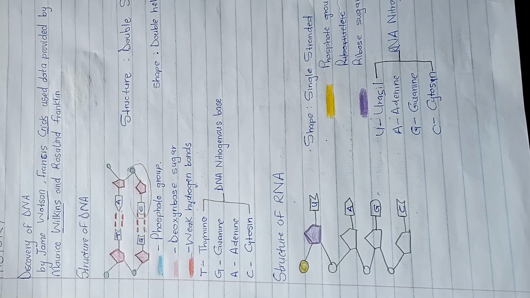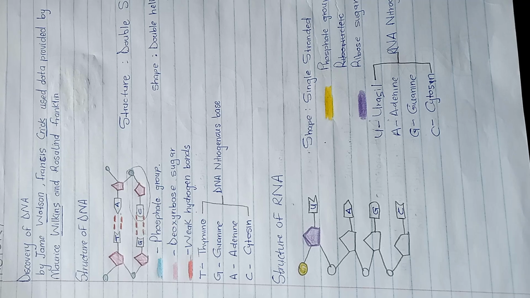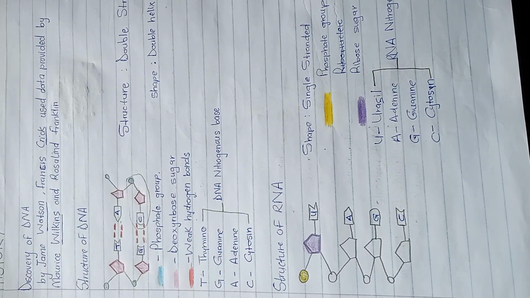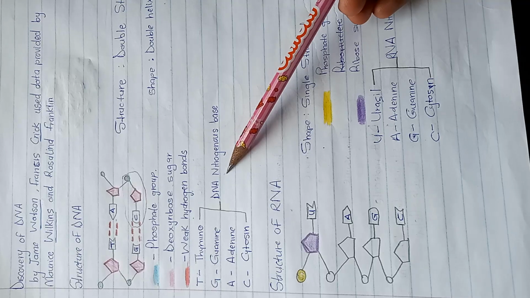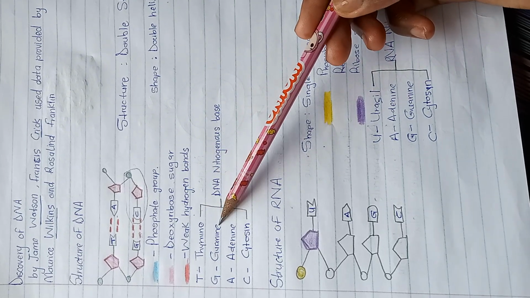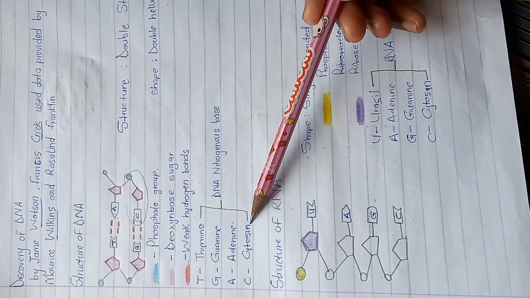Remember, when you first saw me talking about this topic, I did give you terminology, and among them was weak hydrogen bonds, which I told you are the bonds found between nitrogenous bases. And now I need to tell you that these are the DNA nitrogenous bases. We have thymine, guanine, adenine, and cytosine.